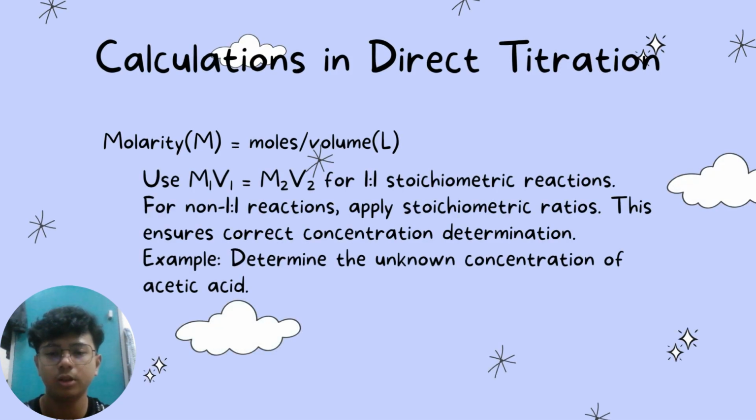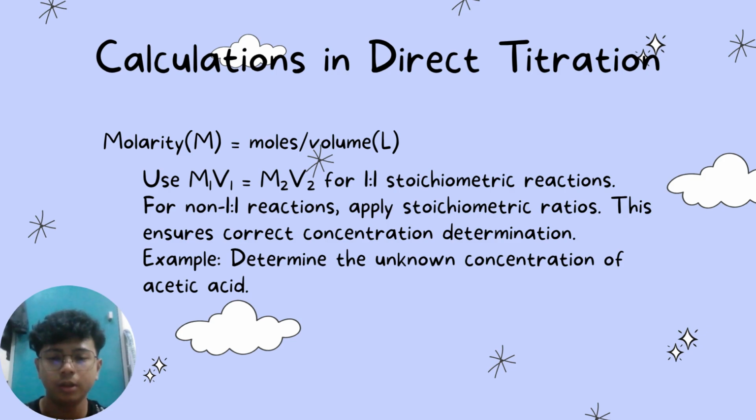Next, calculation in direct titration. We use the formula molarity, which is moles over volume. Use M1V1 equals M2V2 for 1-1 stoichiometric reactions. For non-1-1 reactions, apply stoichiometric ratios. This ensures correct concentration determination.